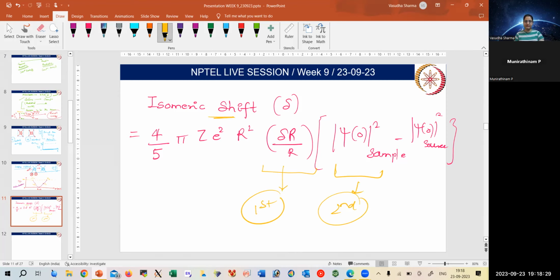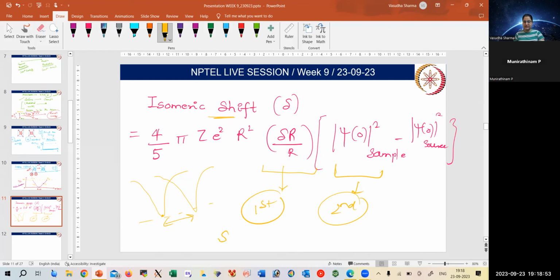Shift means we are expecting the graph to be this way. But what we saw, it moves to this direction. So there is a shift from the original position. It happens when electron density perturbation and some kind of shielding effect is happening. So the two major factors, the delta R by R, that's a derivative of the radius.